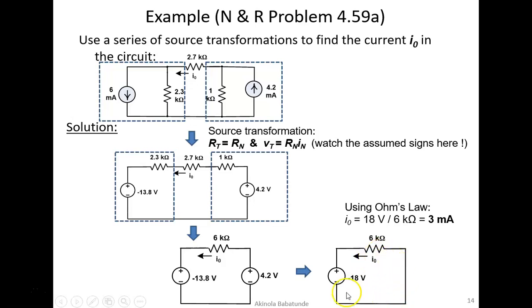So this becomes minus 18 volts minus 6 kilo ohms multiplied by I naught equal to 0. Then you make I naught the subject of the expression. It becomes I naught equal to 18 divided by 6. In that particular case, you will still obtain 3 milliamperes, no matter what the situation is.